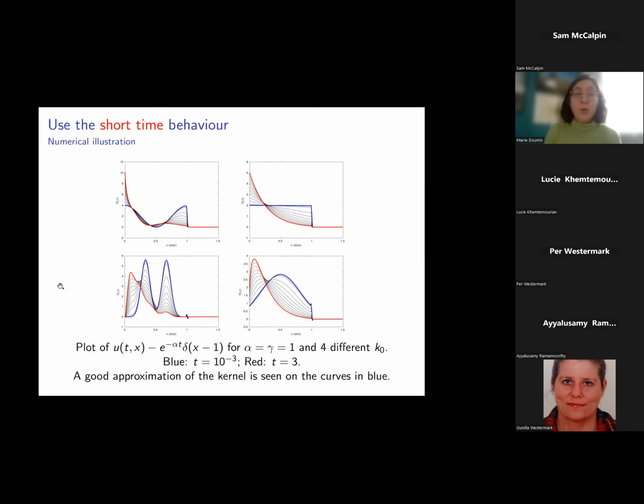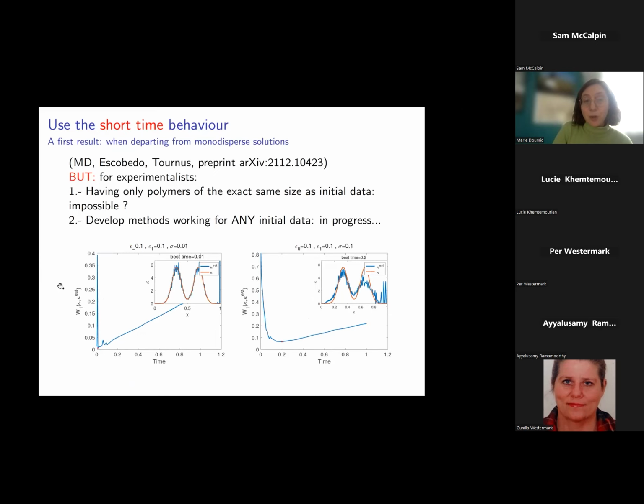So this is a kind of new work. We have the first theoretical results which work very well, simulations which work very well. The problem is that having initial data all having the same size seems to be extremely difficult experimentally. So we are now developing methods to allow us to depart from a size distribution of fibrils, not all of the same sizes.